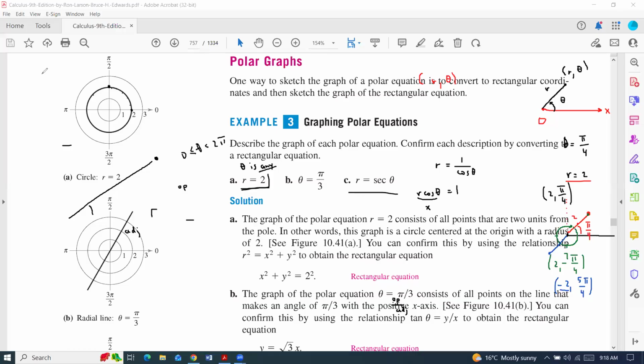So x is r cosine. We just had it on the previous page, but I'm sure one could forget that right away. And y is r sine.